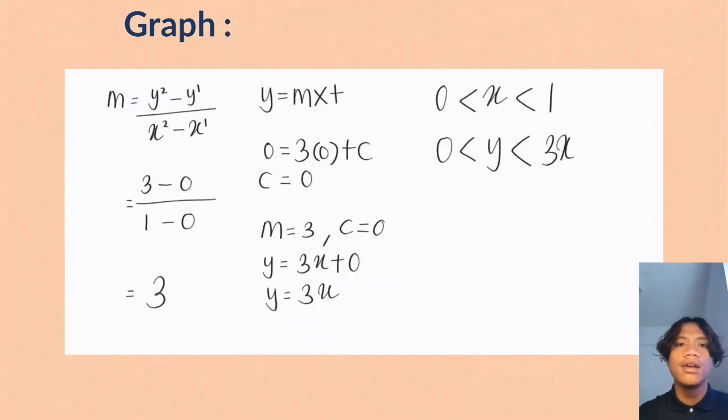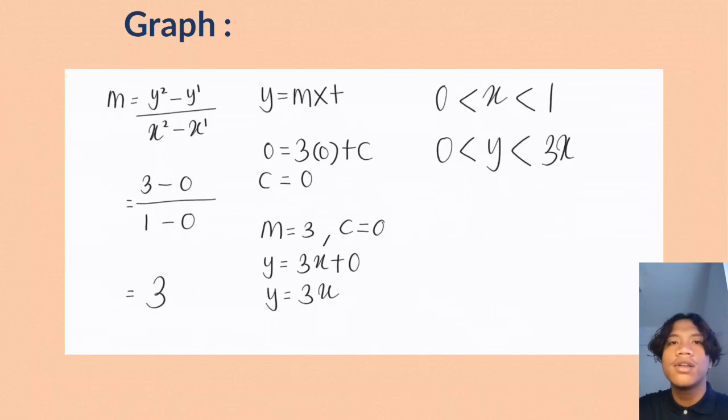So we put the coordinates for x1 y1 and x2 y2. x1 y1 is 0, 0, x2 y2 is 1, 3. When we put into the formula for gradient, we get m equal to 3, and we put back into y equal to mx plus c, we get c equal to 0.